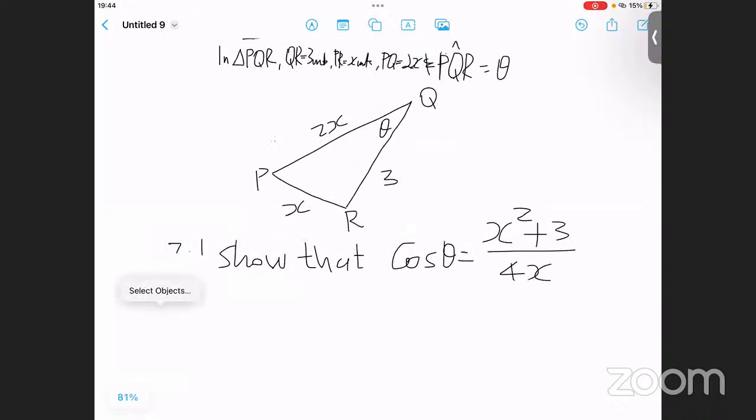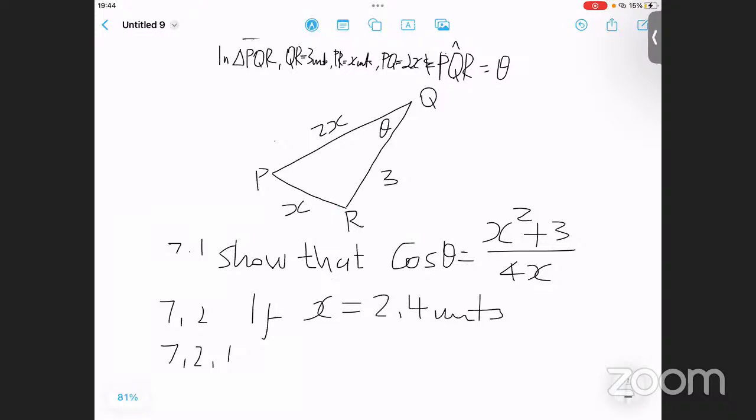And then now, question 7.2, they say if x is equal to 2.4 units, then we have 7.2.1.